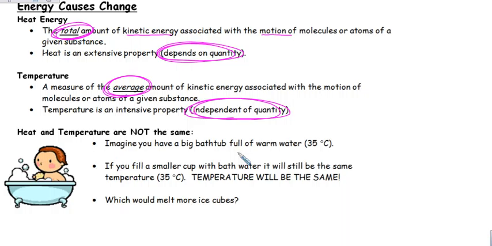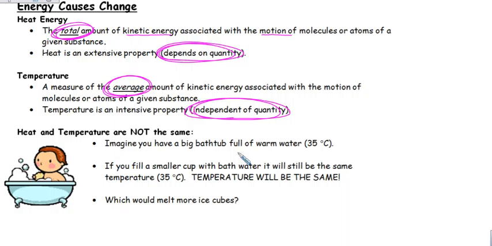And we're going to try something like this in class, and we should find that the larger tub will eventually melt more ice cubes. I don't know, maybe the small cup could melt 1 or 2 ice cubes. It is warm water.